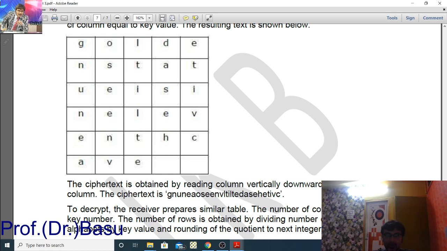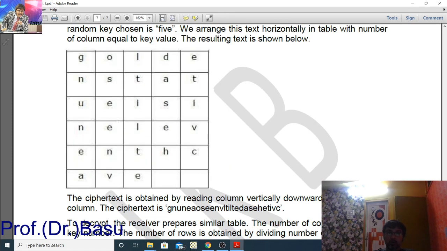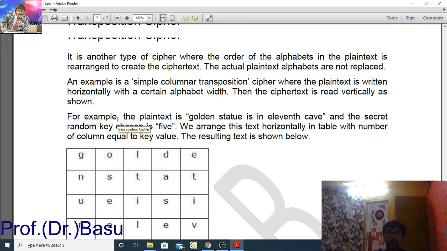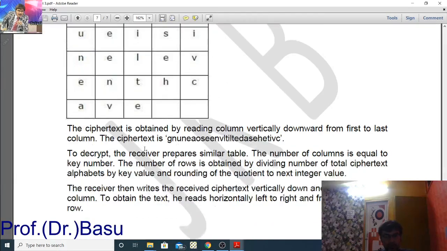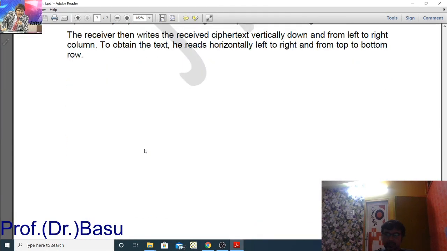So the column-wise elements means we will be picking up the elements maintaining the column-wise technique. So this will be our resulting cipher text. We don't have to skip any resultant element in this system. Yes, so this is also very easy.